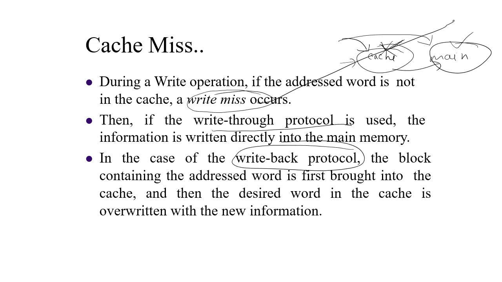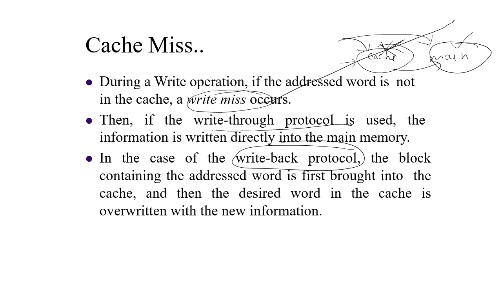There are four states in case of cache: read hit and write hit, which are the conditions when the addressed word is present in the cache. Then we have read miss and write miss, which occur when the addressed word is not present in the cache memory.